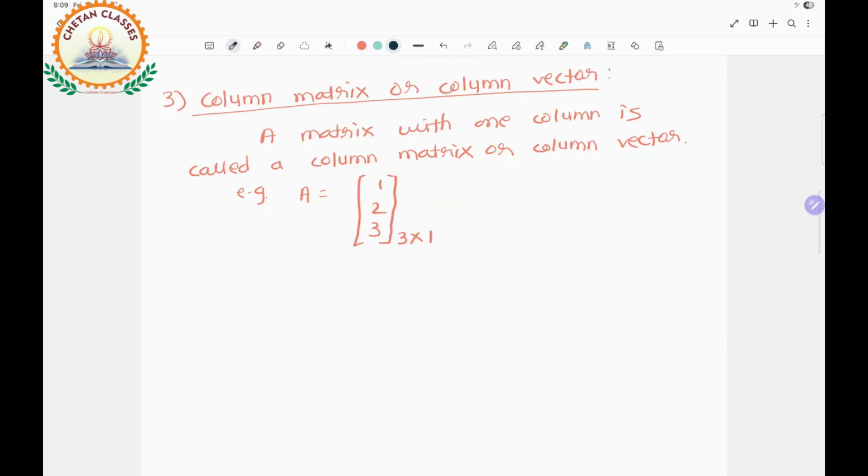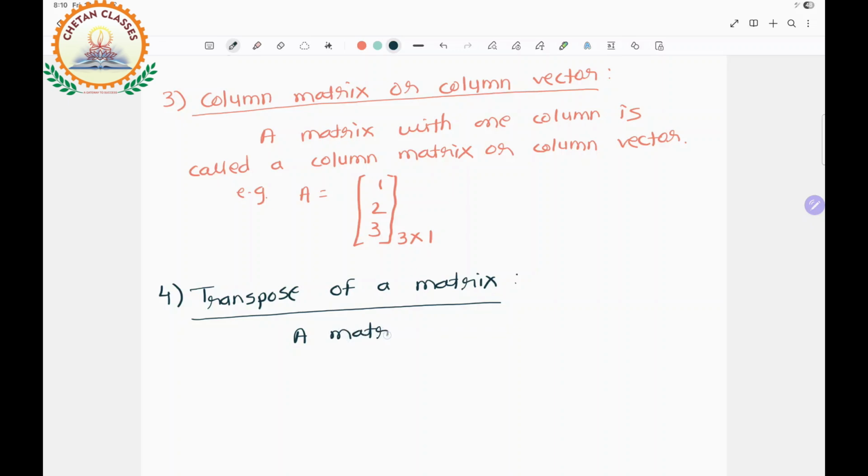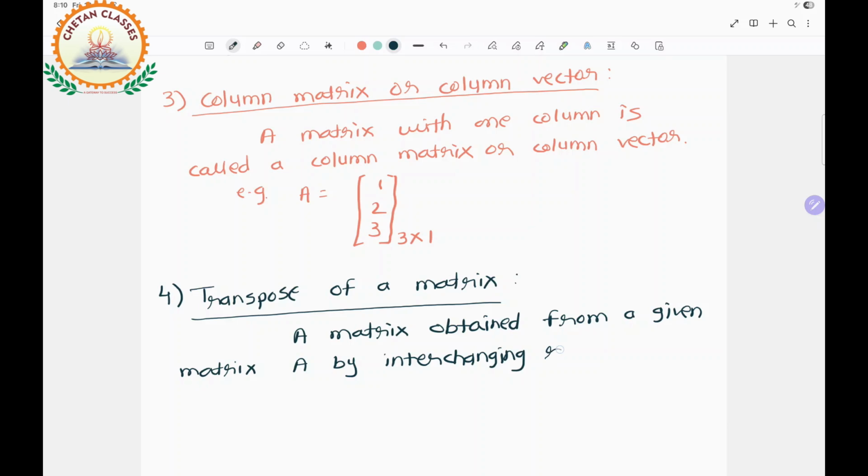Next type is transpose of a matrix. Definition, a matrix obtained from a given matrix A by interchanging rows and columns is called transpose of a matrix.